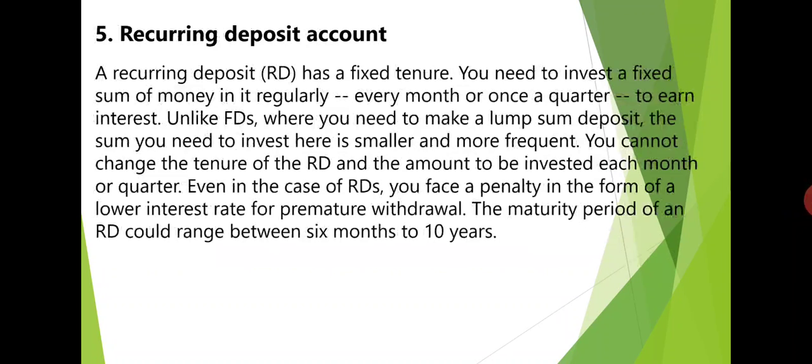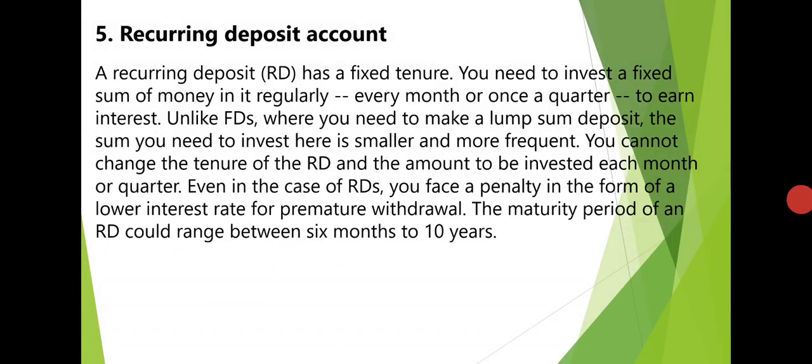That means each and every month he is not going to deposit some amount to the bank. But in a recurring account, the amount is fixed by the person, and the time period is also fixed by the person who wants to open this recurring account.